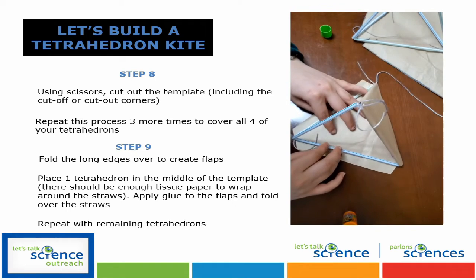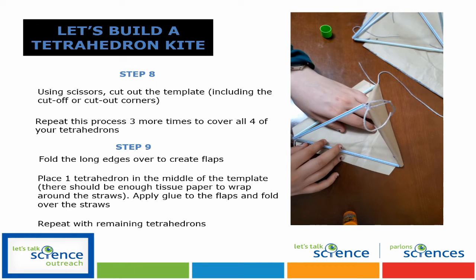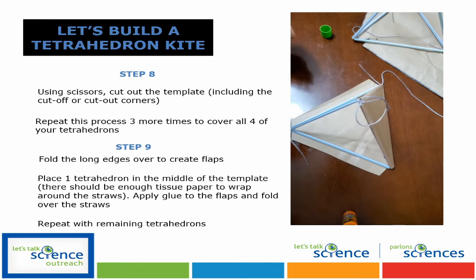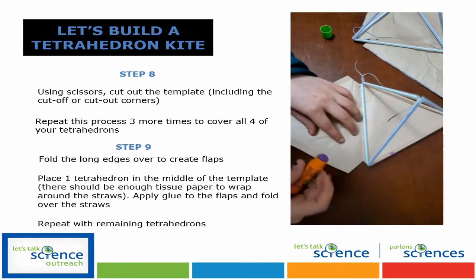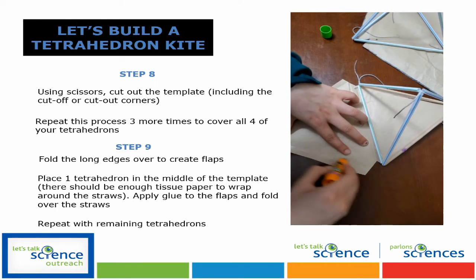Now it's time to do the second face, so fold over your tetrahedron, and just as we did before, we're going to apply glue to the flaps and then fold them over to attach to the straws.